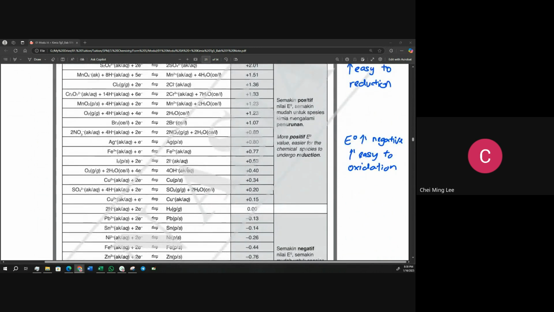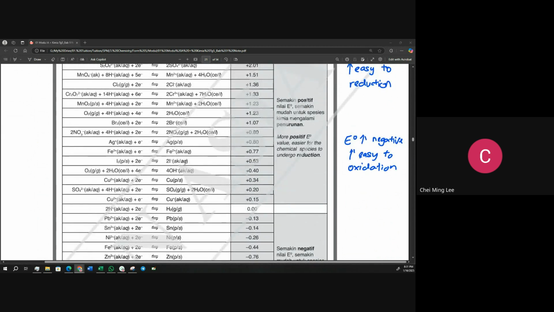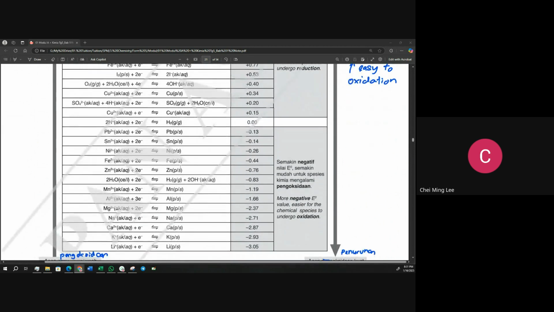The ones with negative values are normally metals like lead and tin. The most negative ones are lithium, potassium and calcium. Why is there such a big difference?